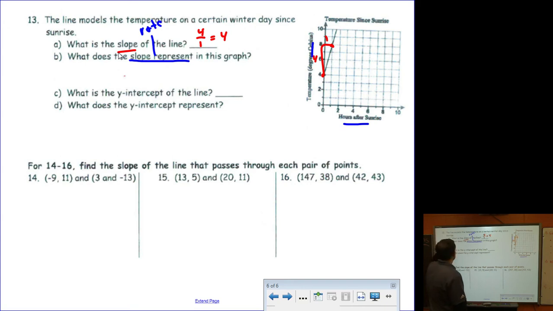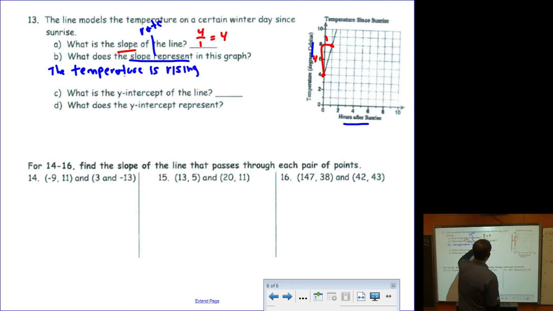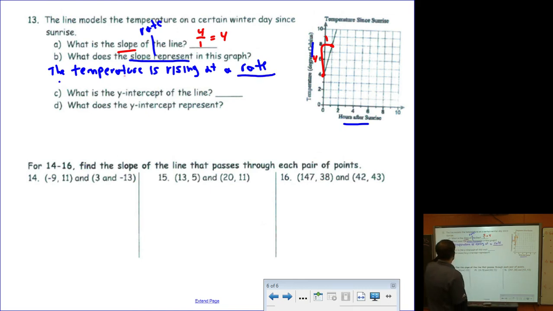So the slope of 4 means the temperature is rising at a rate, right? Slope is a rate. And what's the rate? 4 degrees per hour. It's always the y per the x.